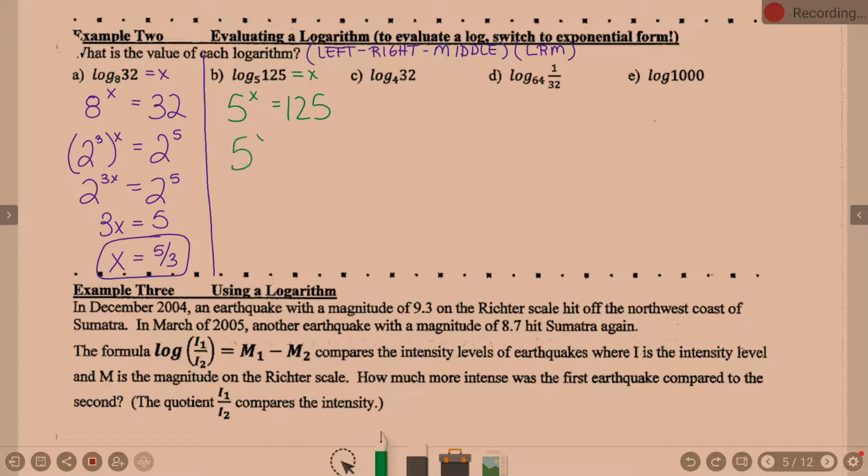So if I say 5 to the x equals 5 to the third, did I get my bases matching? Yeah. 5 to some power has to equal 5 to the third. What's the only logical number to go in place of x? 3. So again, if the bases are the same, drop the bases and set the exponents equal to each other. So x equals 3.